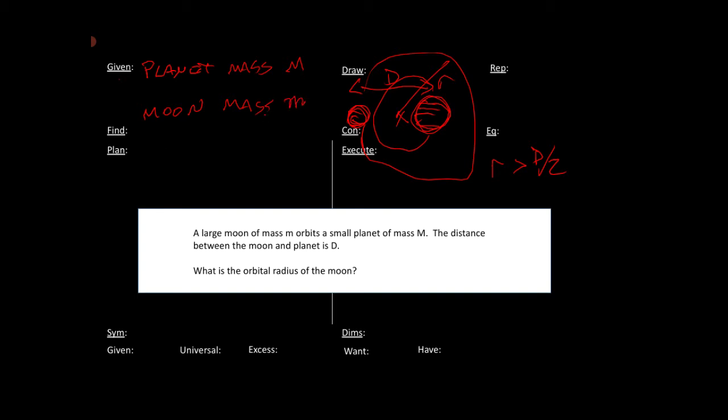And then we'll have a distance, a separation between them, d. Then we want to find the orbital radius. We'll give that a name, call it little r. So we know big D is the distance between these two objects. The moon has a mass m and the planet has a mass capital M.